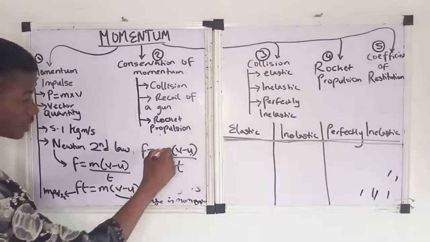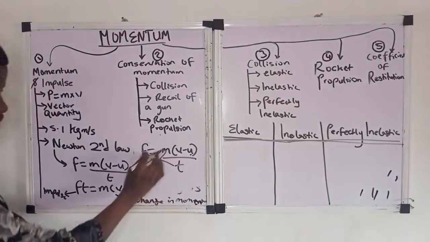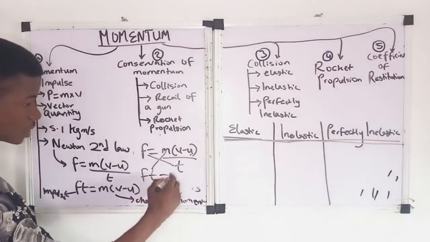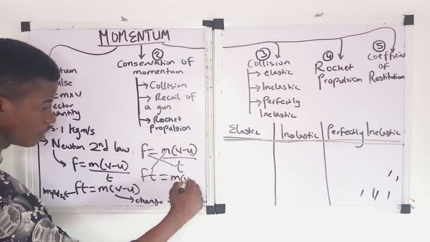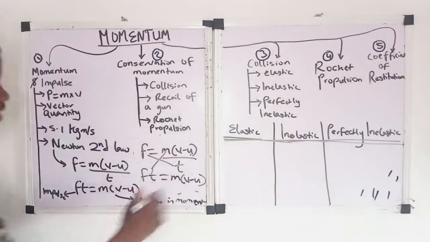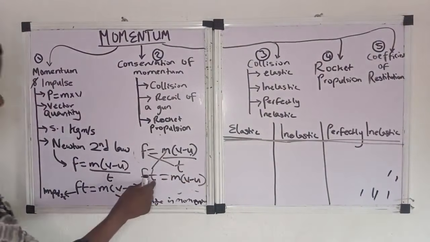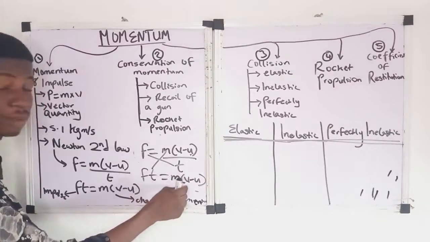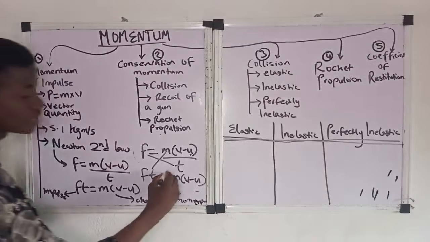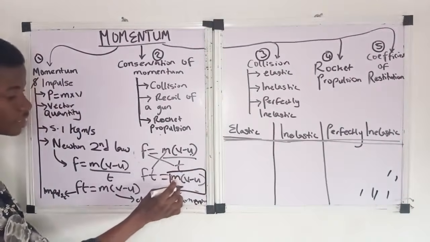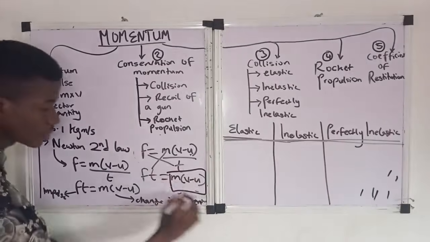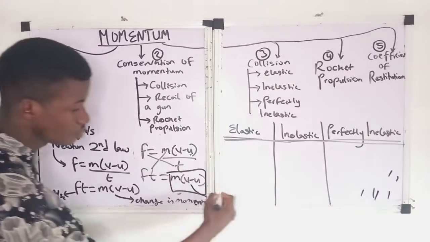If you cross multiply, multiplying by time, we are left with Ft = m(v - u). If you look at this part, everything here is known as change in momentum.